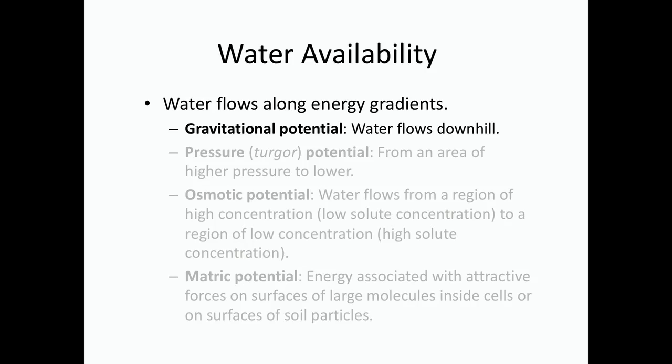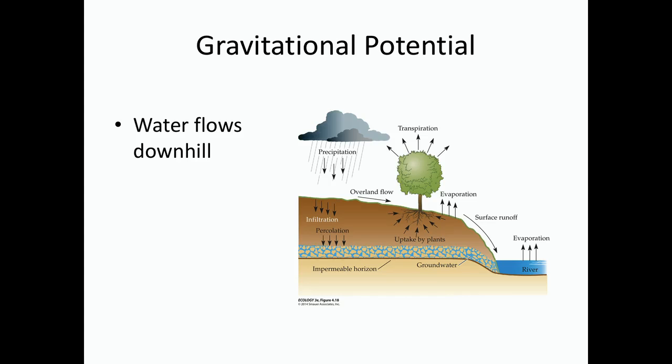So the first one is gravitational potential. This is a fairly straightforward concept: water flows downhill. This is most prevalent on slopes, so rain comes down in precipitation high up on a slope, and water will flow either over land or deep in groundwater from higher elevations to lower elevations, and will tend to then pool together in areas like rivers, and you'll get things like runoff.